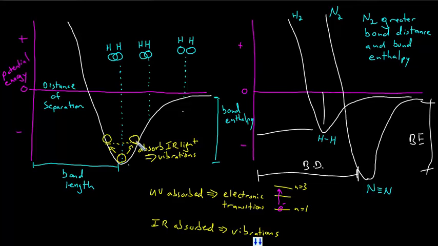And so now we have our bond lengths either being at this distance or at this distance. In fact, you see that the bond length hops between this distance and this distance over and over again after hydrogen has absorbed infrared light.